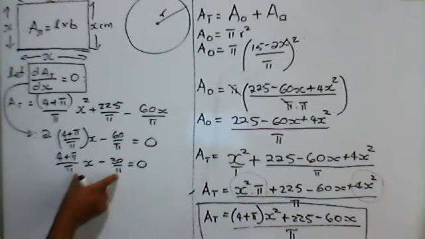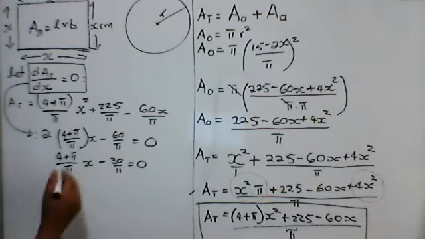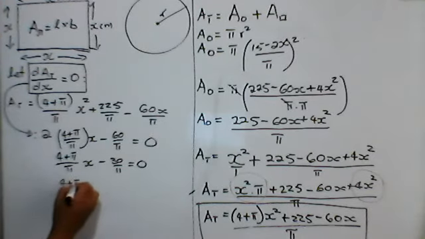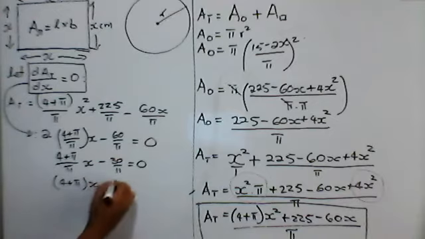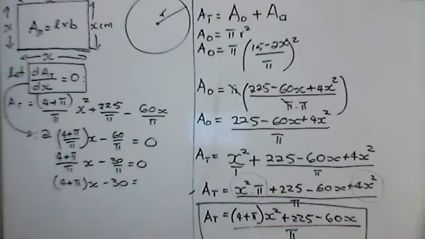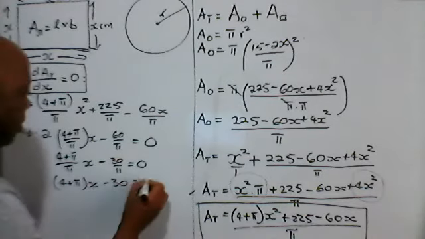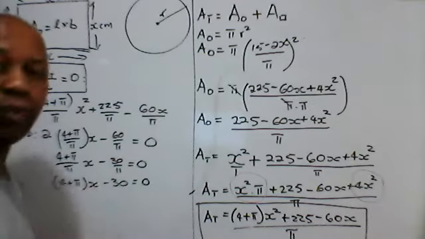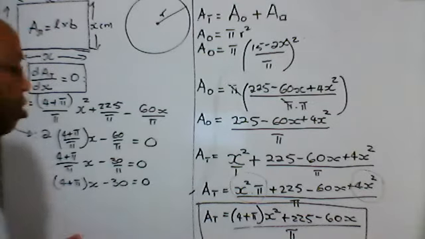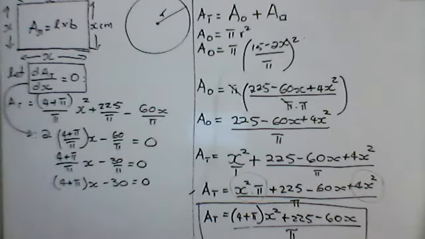I can multiply everything by pi next, both left and right hand side, to give me (4 plus pi) x minus 30 is equal to 0 times pi, which is just 0. Remember, you always multiply both sides.